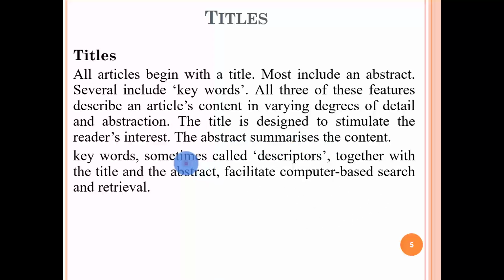And the keywords, sometimes called descriptors, together with the title and abstract, facilitate computer-based search and retrieval. So it makes it easier for those who are searching on the internet or on any networks to find your paper.